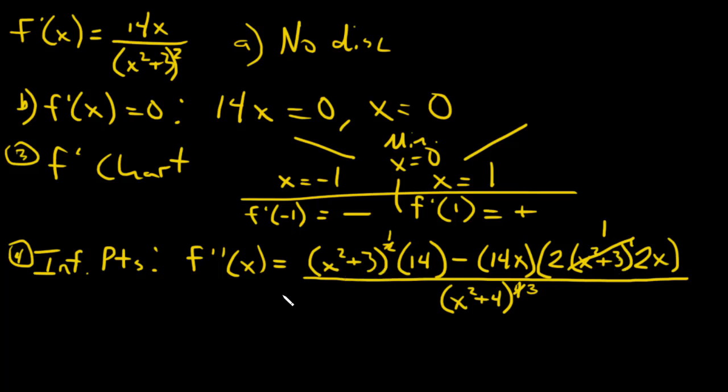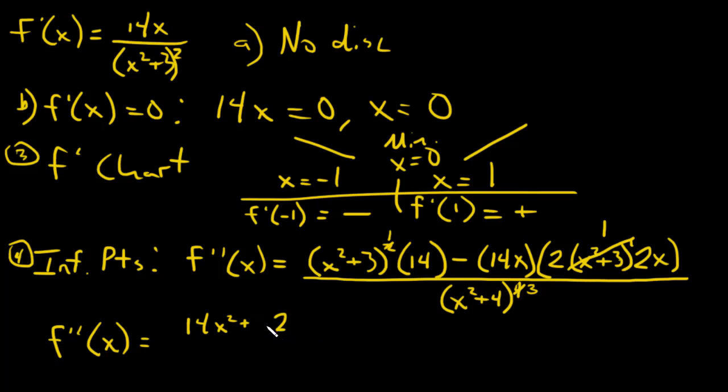Now I can multiply this through much easier, and I'm going to wind up with f double prime of x equals, let's see, 14 times x squared is 14x squared, and then plus 52, wait, not 52, 42, not 52.